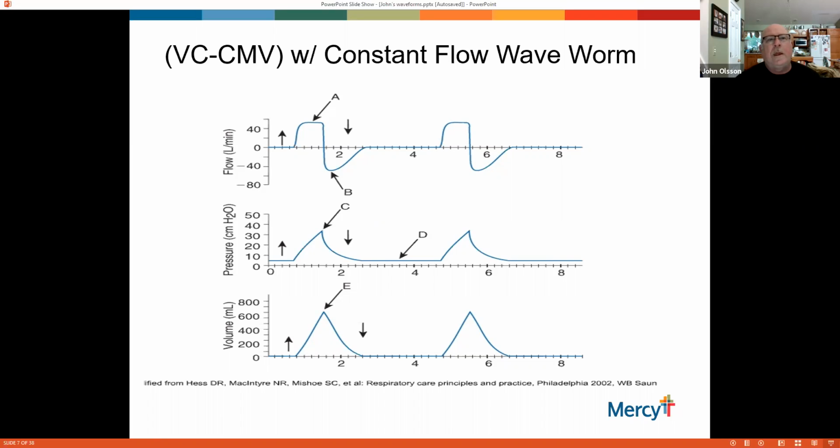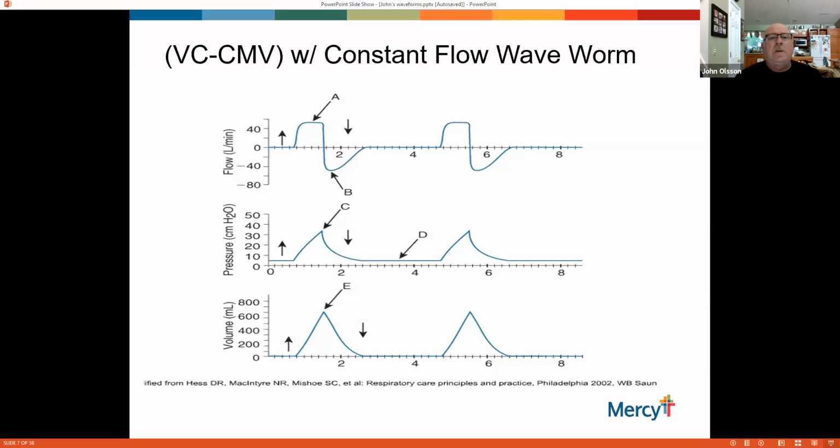Okay. And then here's some more of the same flow pattern. So you still have that square flow pattern. And again, remember when I told you, when we look at flow, flow goes negative. And then the pressure waveform is coming to a point.